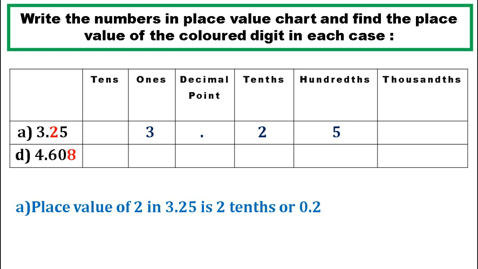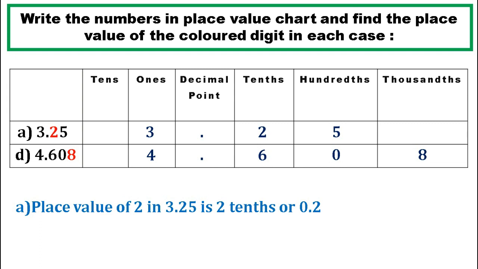Let us look at the next number, which is 4.608. So we first write the digit 4 under the ones column. Next we put the decimal point. After the decimal we have the digit 6, so we write it under the tenths place. Next the 0 in the hundredths column, and the last digit 8 under the thousandths column.